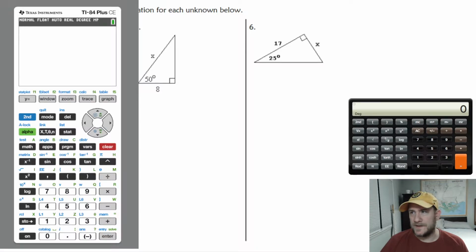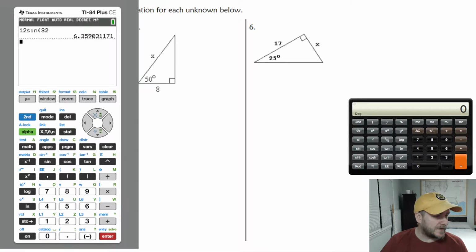You're just literally going to type 12 sine 32, equals, it does it, and you get 6.359, which is 6.36. So that's it. That's easy. Everyone that's got that, you're lucky, you're blessed.